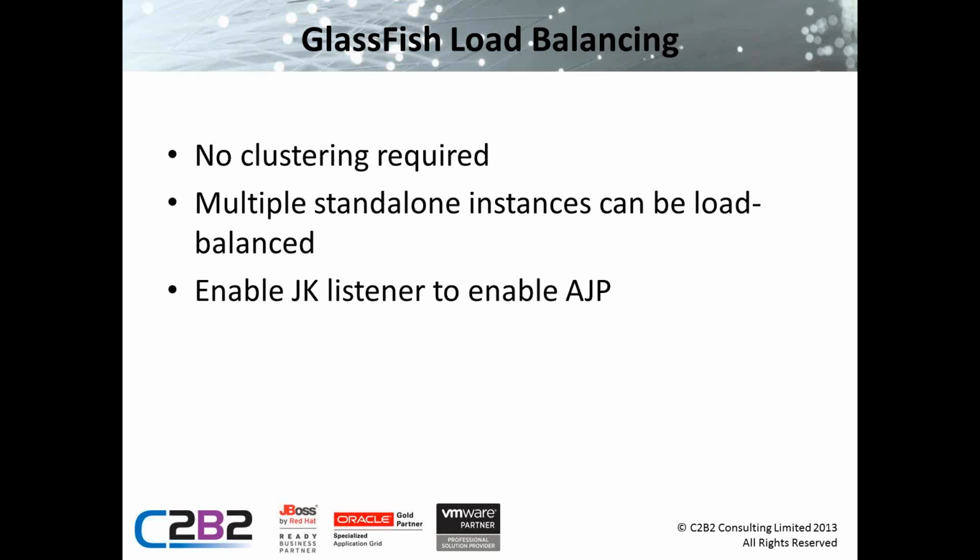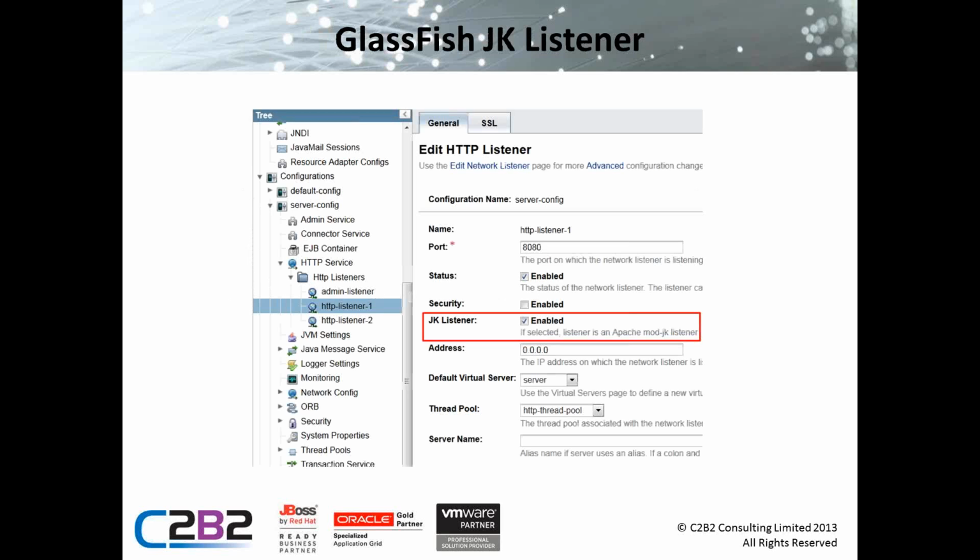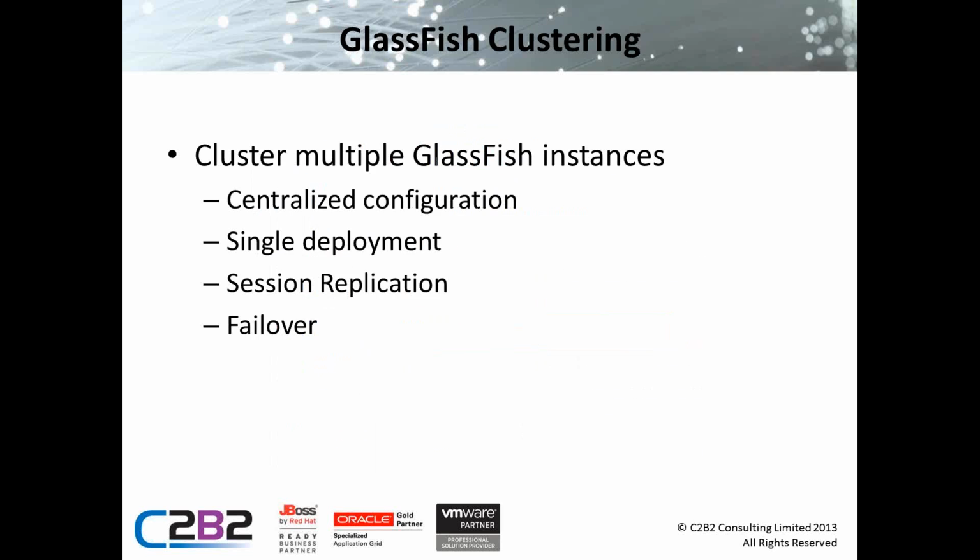You can do that in the admin console. You can also do it from the command line. Again, I will show you this later on in the demonstration, but here you can see a screenshot of where it is. You do it in the server configuration, or if you're using a cluster, you can do it in the cluster configuration. I will discuss this later on again.